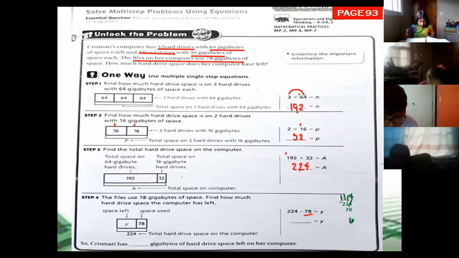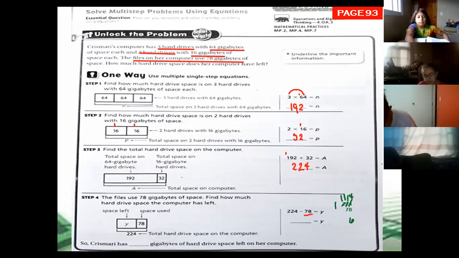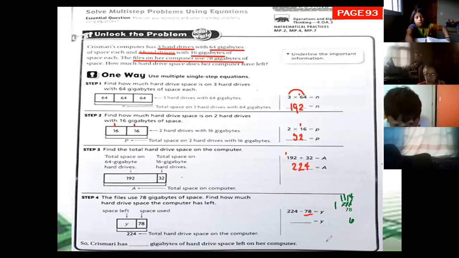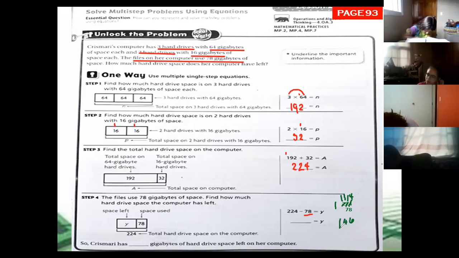And this one became 11. 11 minus 7 is 4. And for the 1, I don't have a number to subtract, so I'm going to write it down. And that is my available space that I have in my computer.